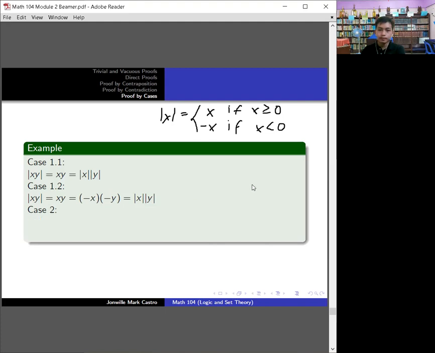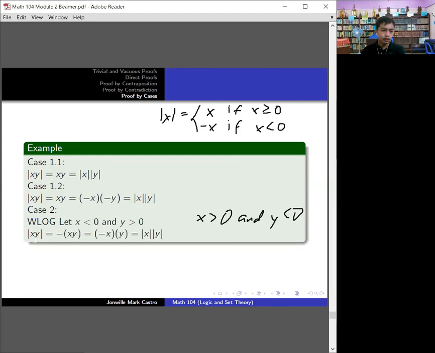Next case, case 2 is xy is negative. So, without loss of generality, let x be negative and y be positive. So, sinasabi natin dito na yung case nung x positive and y negative, similar lang yung proof niya.